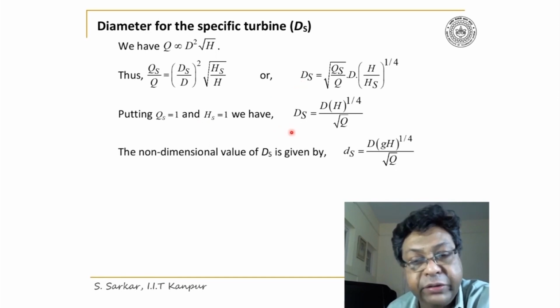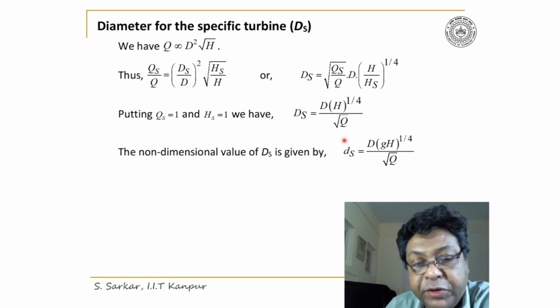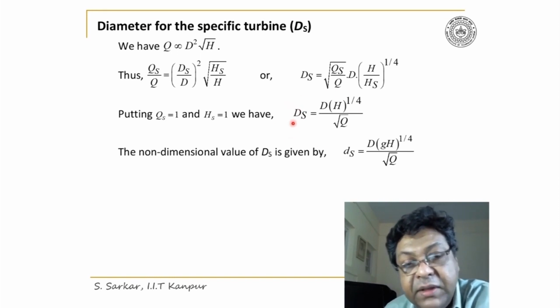You will get Ds is equal to D into H to the power 1/4 divided by root over Q. This is the expression of specific diameter.